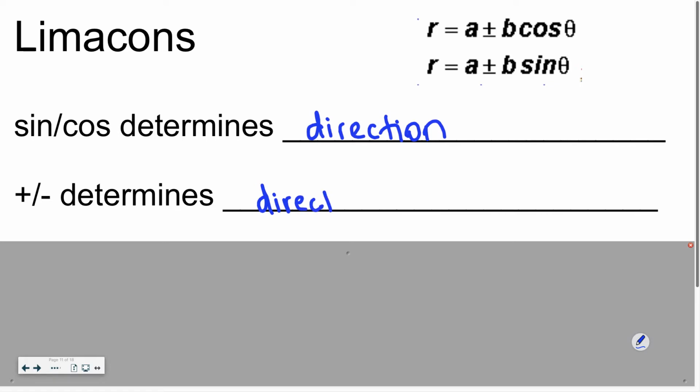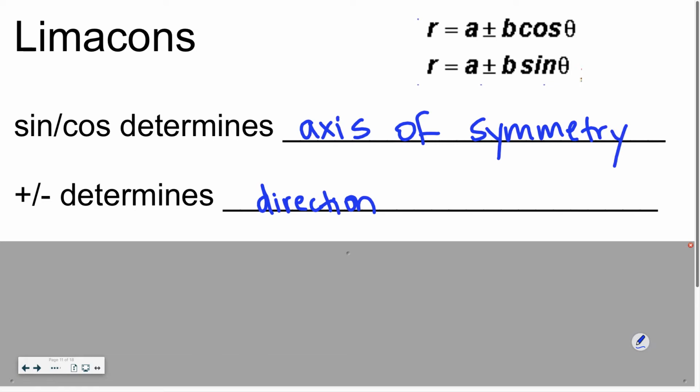You can say sine versus cosine is symmetry, and the plus versus minus narrows down the direction further.